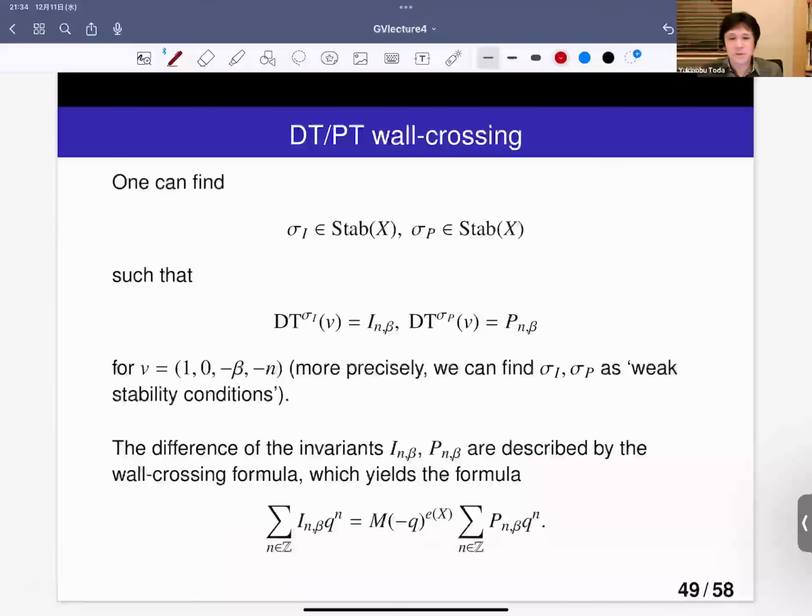So in the setting of DT-PT wall-crossing, we can construct stability conditions. This part is not explicitly written in the literature, but as I mentioned in the previous lecture, it is in fact difficult to construct stability conditions on threefolds. But instead of considering the usual stability conditions, we can consider weak versions of stability conditions.